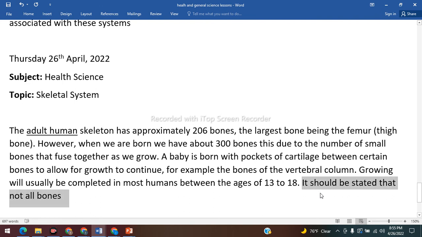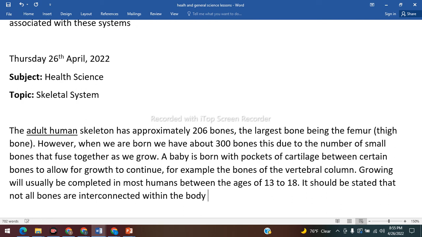It should be stated that not all bones are interconnected within the body. For example, the 6 bones in the ears, now that's 3 each.